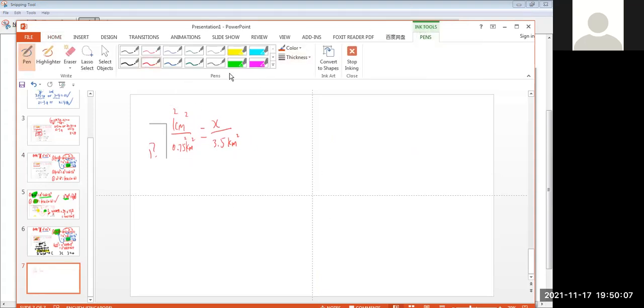Okay, so I just need to simplify this. Okay, so 1 square, you get 1. So square meter is above. 0.75 square, can you help me out with your calculator? 0.75 square, what do you get? Yeah, please help me out with your calculator. 0.75 square.